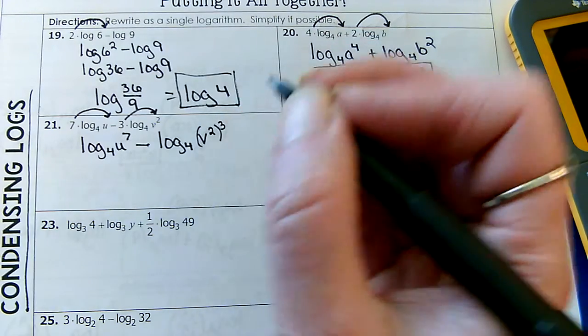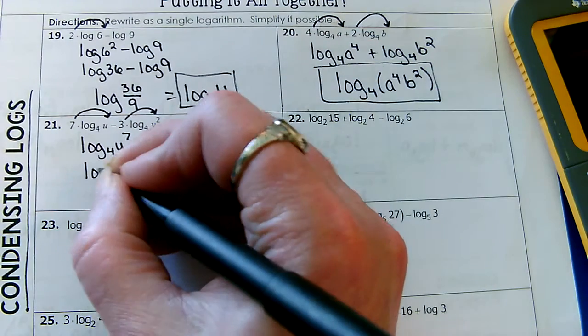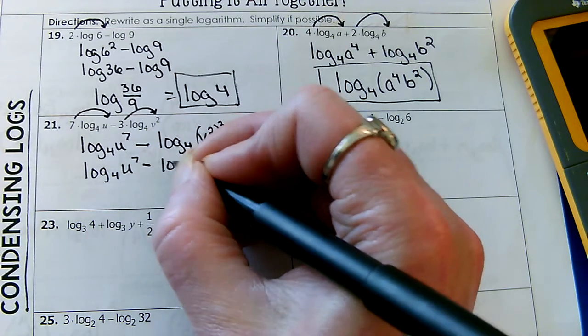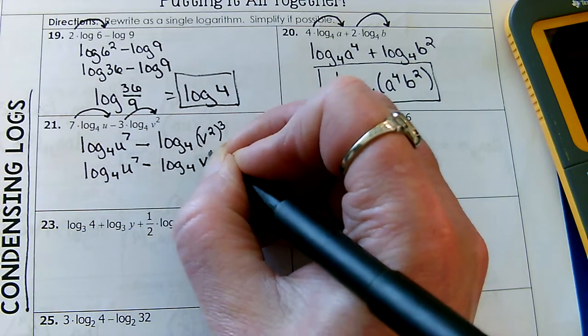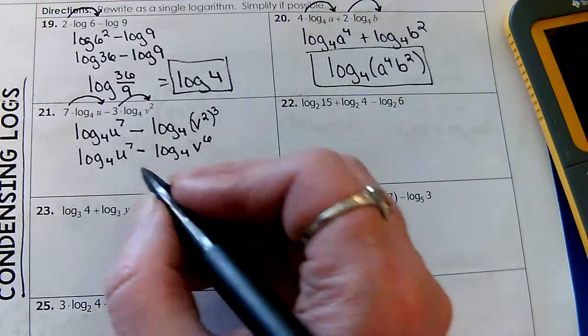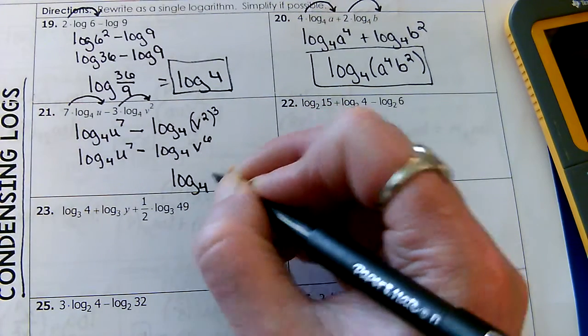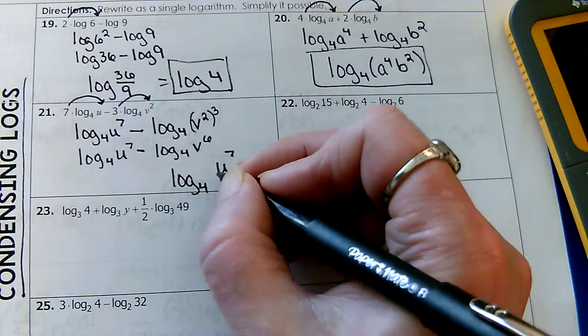Power to a power, you multiply. Subtraction condenses with division.